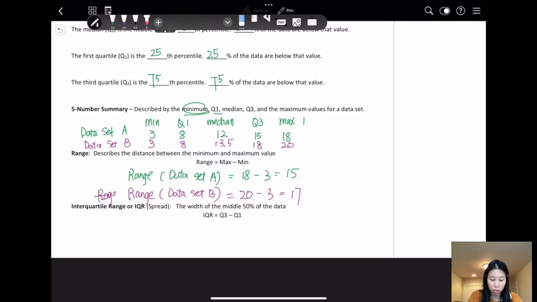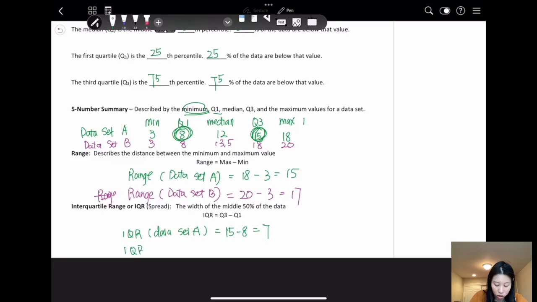Basically, it's Q3 minus Q1. So the interquartile range, IQR, of data set A equals Q3 minus Q1. Q3 equals 15, Q1 equals 8. So we have 15 minus 8, so the interquartile range equals 7.